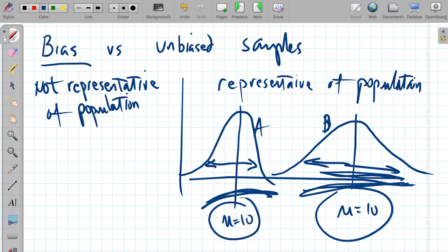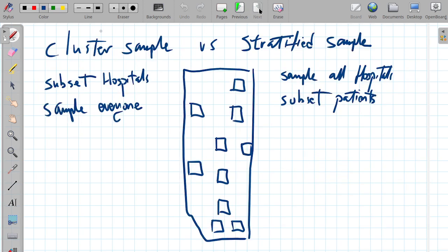So that's a topic that we'll discuss more a little bit later on in the course. I just wanted to illustrate right now that an unbiased sample means that the sample is representative of the population, typically the means or the standard deviations. A biased sample means those two things are not representative of the population. That's a midterm question, by the way, just so you know.